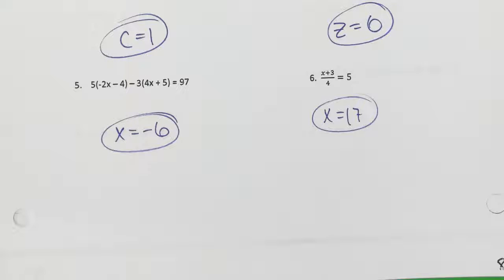Don't bother. So what do you do for number 6? Yeah. 154, 505.